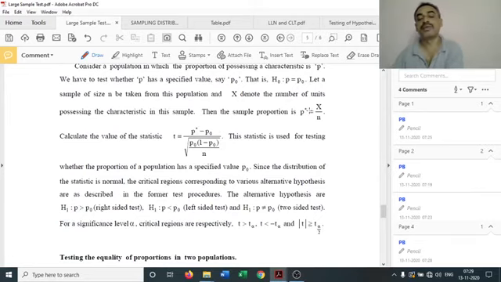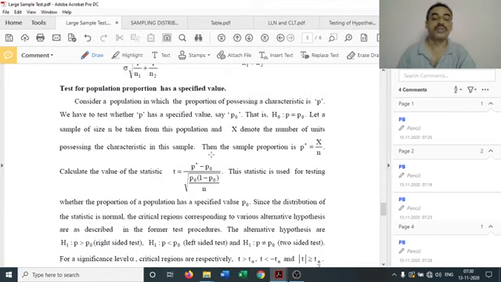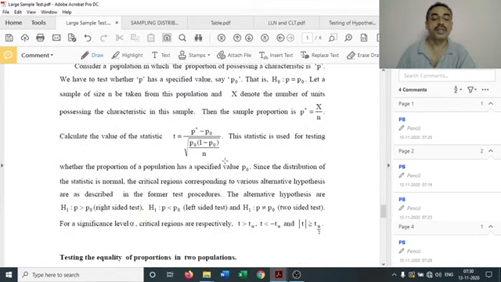So if a sample of size n is taken from the population, and x is the number of units possessing that characteristic, the sample proportion will be P star, which is x by n, and T equal to P star minus P0 divided by root of P0 into 1 minus P0 by n is used for testing that the proportion has a specified value, and this statistic also follows the normal distribution according to the central limit theorem.